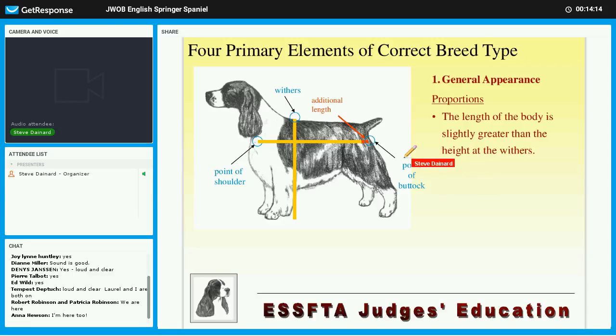We're looking for proportions to be approximately the same from the point of the shoulder to the buttocks. Slightly longer in some cases, but generally we're looking at a square dog. The Canadian Kennel Club standard needs to be updated. It talks about the point of the shoulders to the point of the tail set being approximately the same as the height at the shoulders.